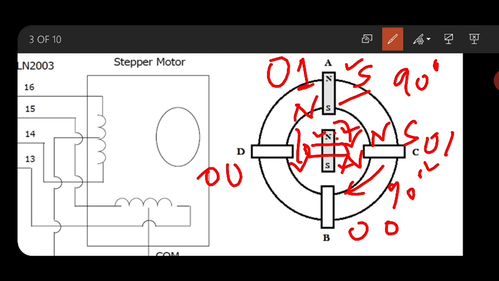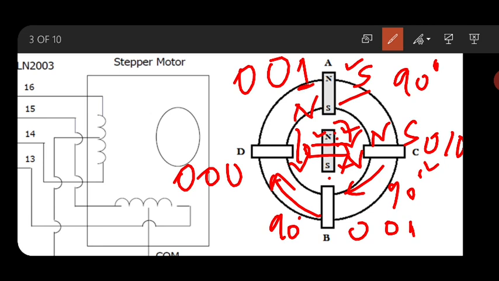Again you apply a signal at B, with the others 0. When this is energized, again this is N here, again it will repel. How much? 90 degrees, right? 90, 90 and 90, that is 270 degrees of operation here.